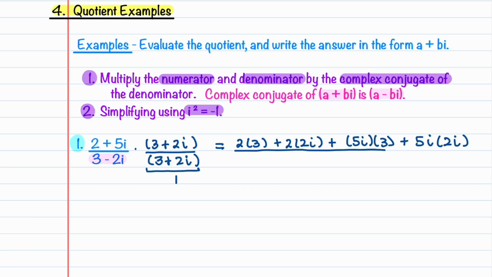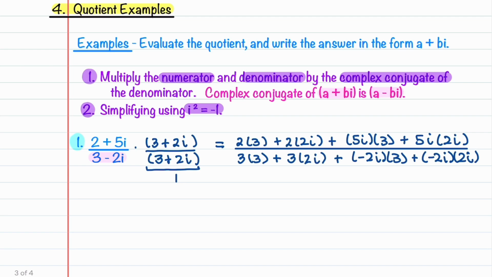Now we're also going to use the FOIL method on the denominator. Our first terms are going to be 3 times 3. Our outer terms are 3 times 2i. And then our inner terms are minus 2i times 3. And then our last terms are minus 2i and 2i.